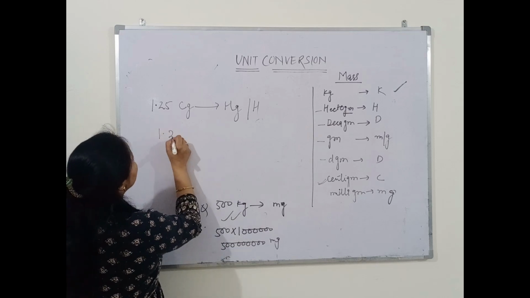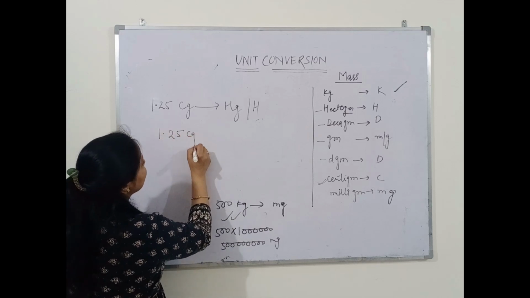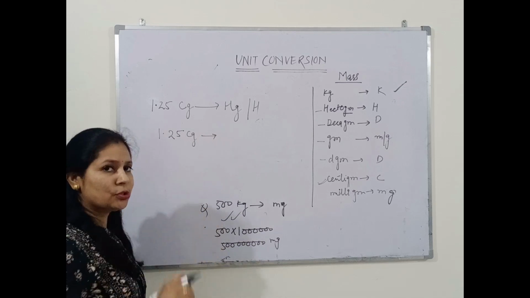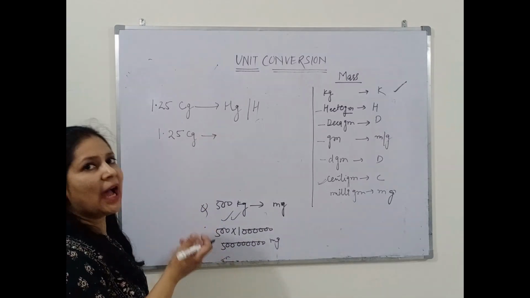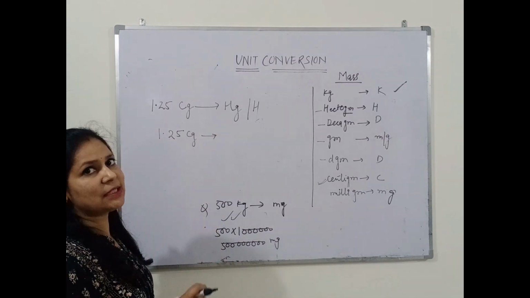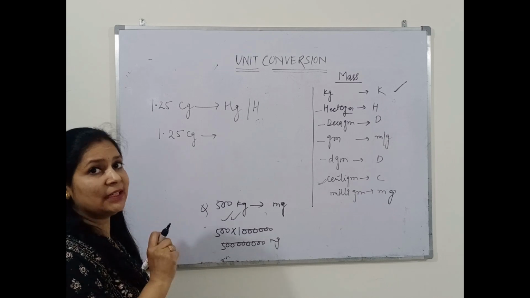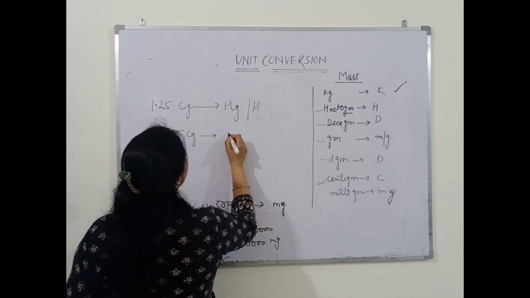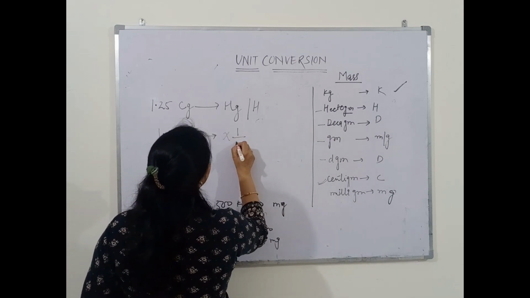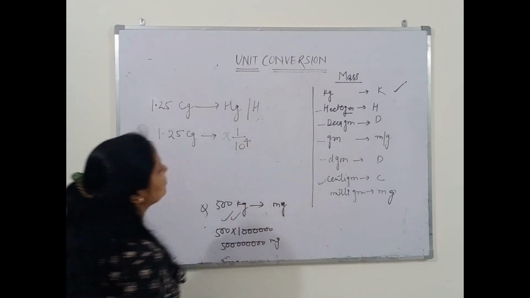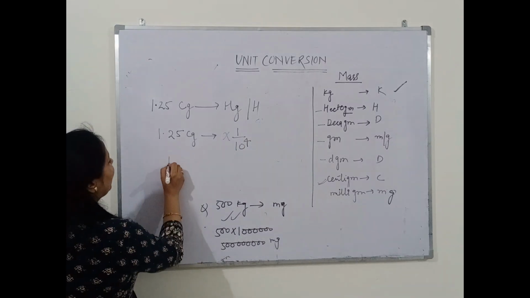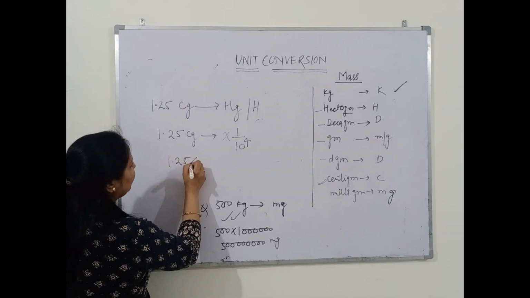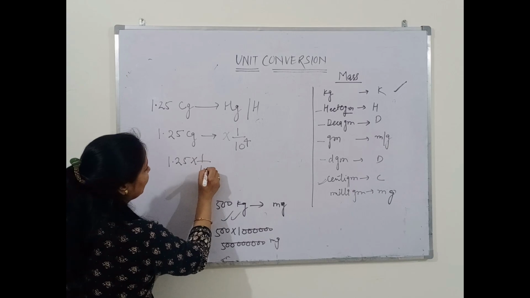So 1.25 cg. When we go from smaller unit to higher unit, in that case you have to divide. 1, 2, 3, 4. So 10 raised to power 4. You have to divide by this value. So 1.25 into this value.